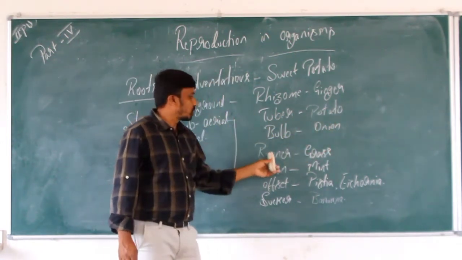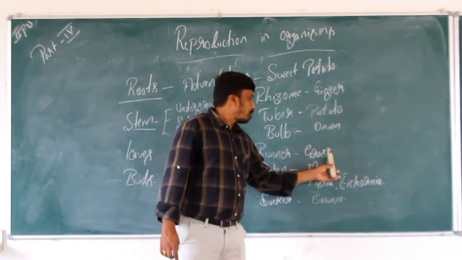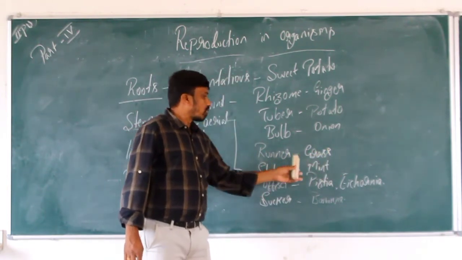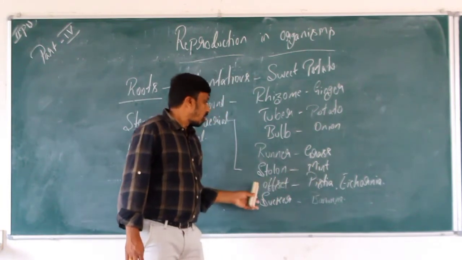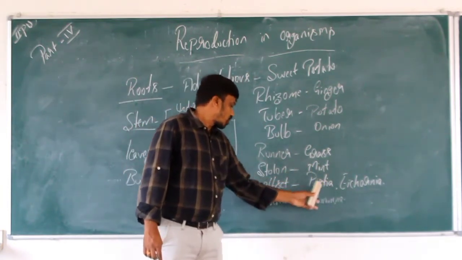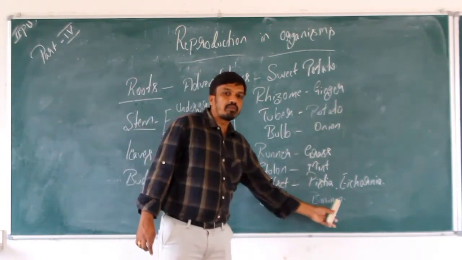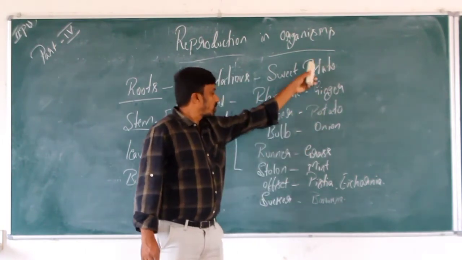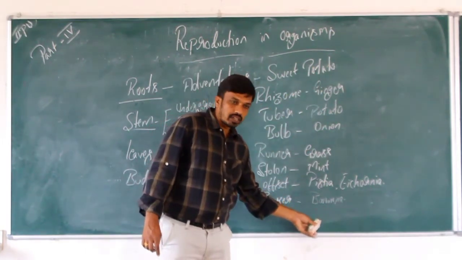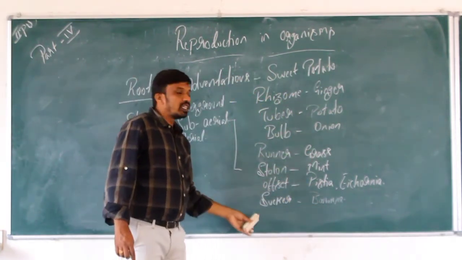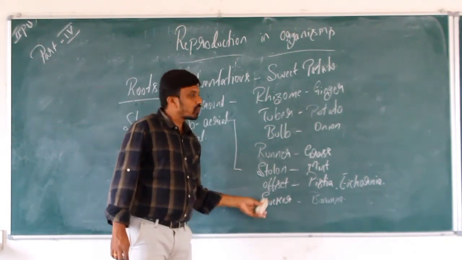Subaerial modifications: runner, example grass; stolon, example mint; offset, example pistia; suckers, example banana. These are the examples, these are the vegetative propagules.